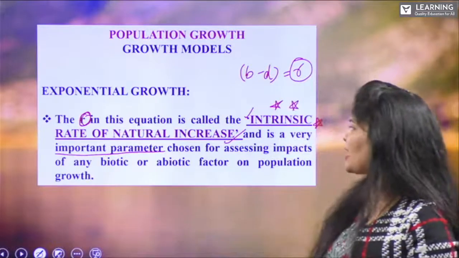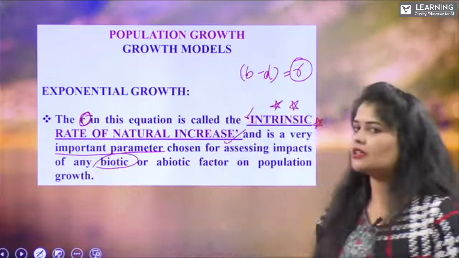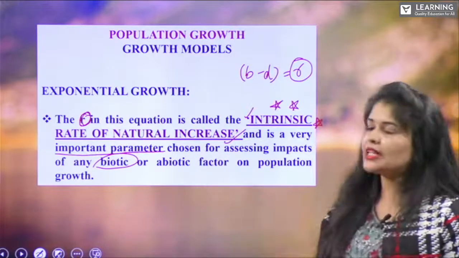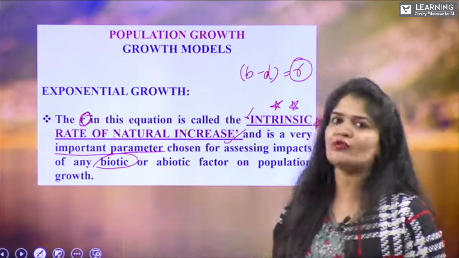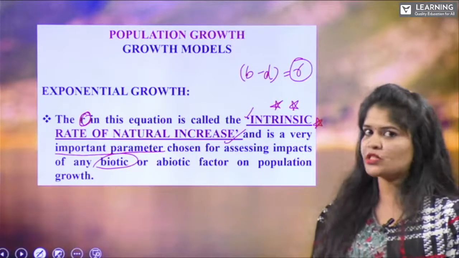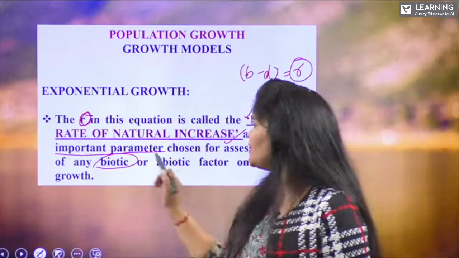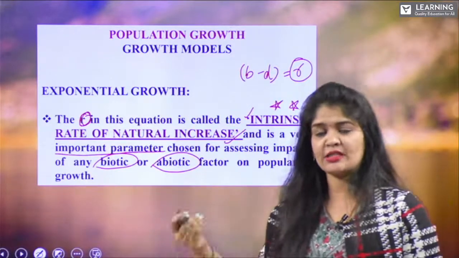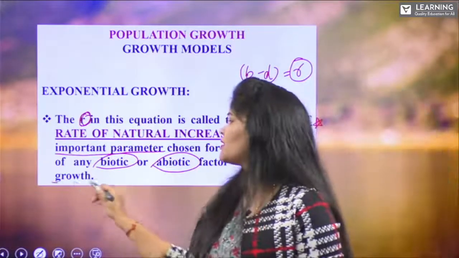It's a very, very important parameter chosen for assessing, that means evaluating, whether the population is increasing or decreasing. It has been chosen to assess the impacts of biotic, living, and abiotic factors, that means non-living factors like temperature, light, pressure, sunlight, water, soil, on population growth.